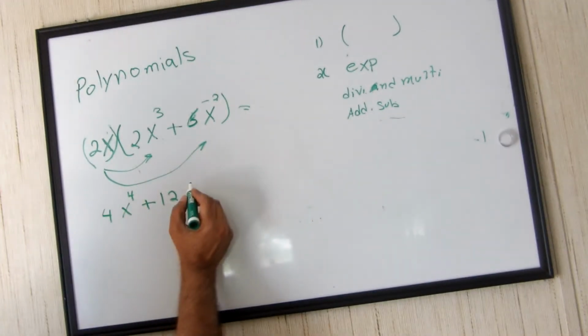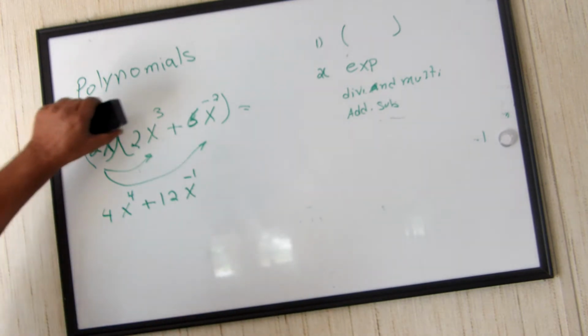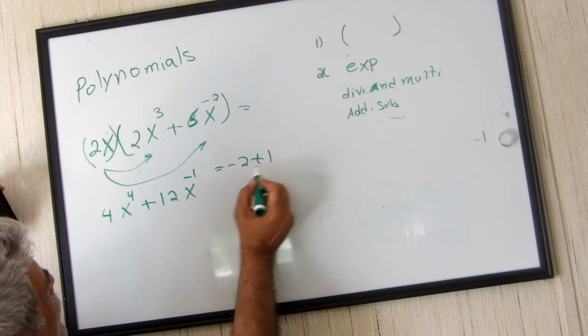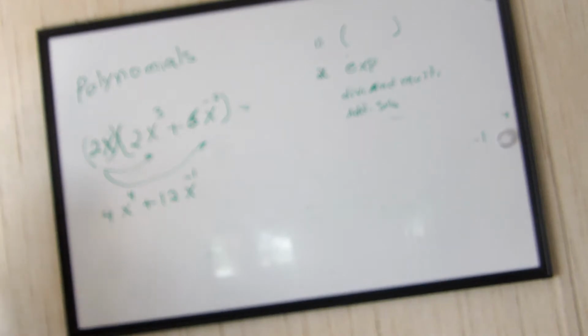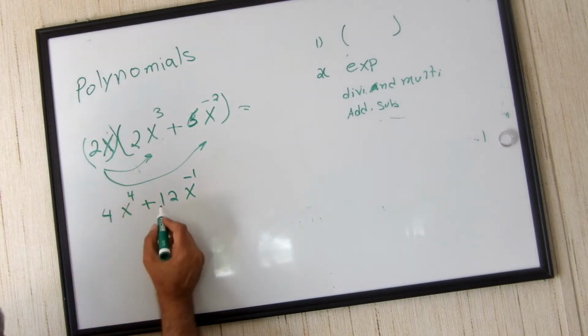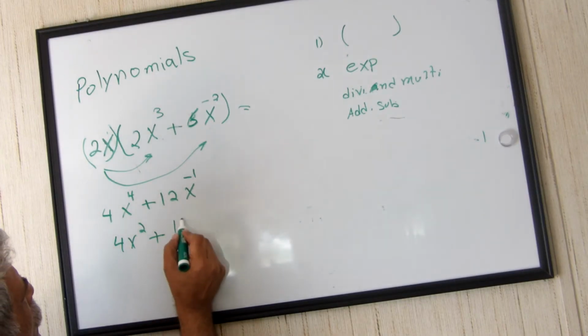What is that going to be? x to the power of minus 1, because minus 2 plus 1 is minus 1. That's it. But you can also write this one as 4x squared plus 12x. We can write it this way too.